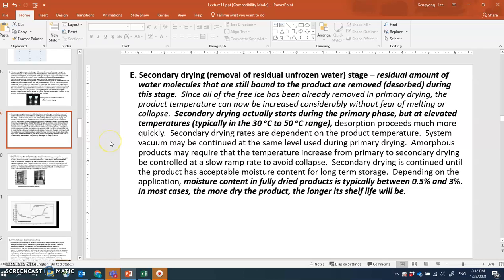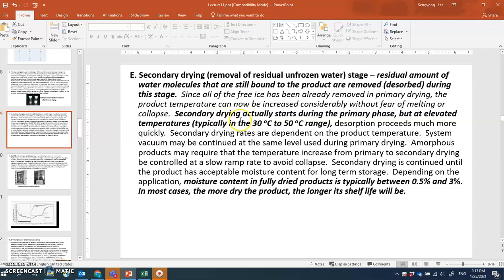Once the primary drying is done, you will do a secondary drying to remove the leftover water, maybe residual water from your drug. So there will be a secondary, additional drying step. To do the additional drying, you have to use a higher temperature to establish a higher vapor pressure inside your vial, of course.